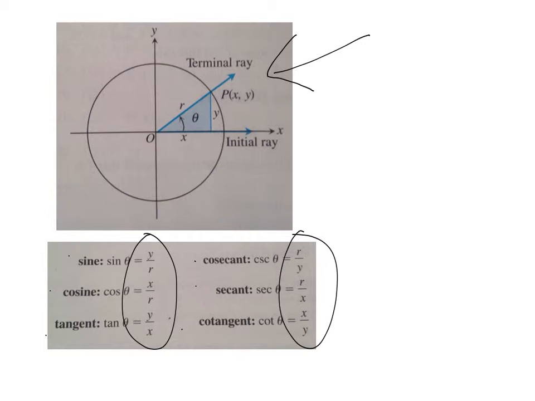So this is saying that when the measure of theta is placed in standard position at the center of the circle with a radius r, the 6 basic trigonometric functions of theta are defined as follows, and that's over here.